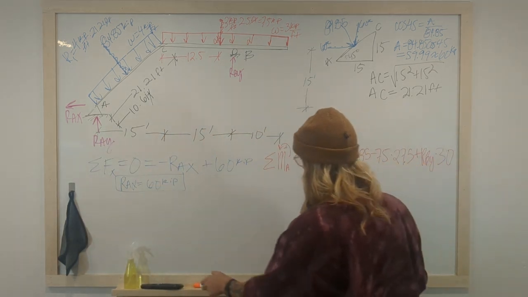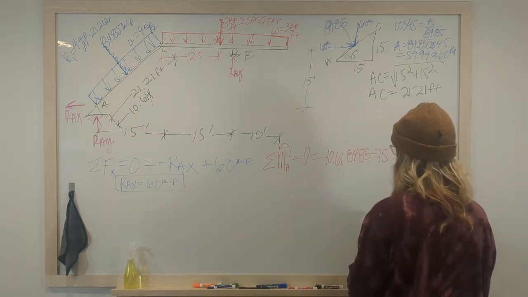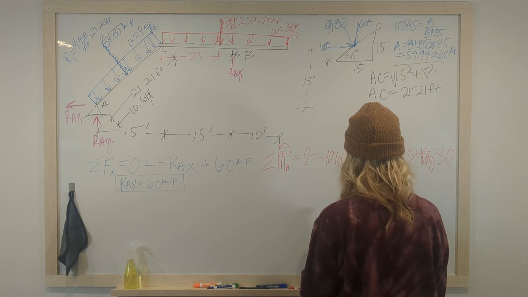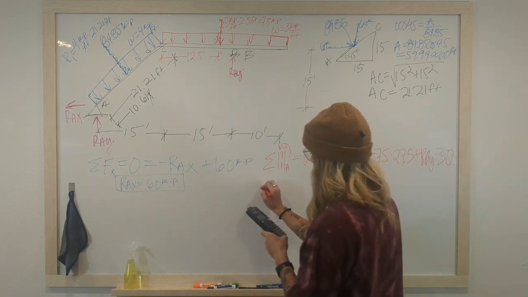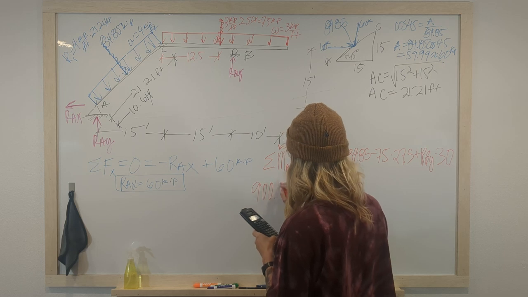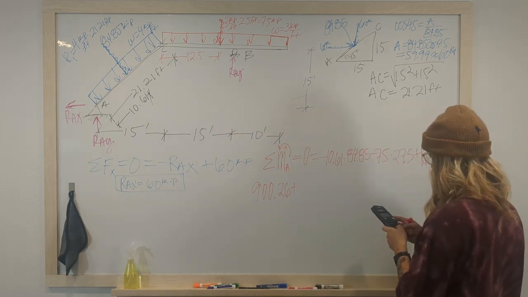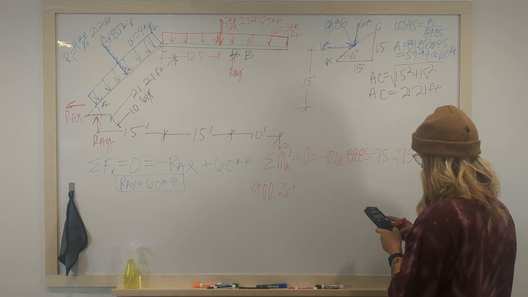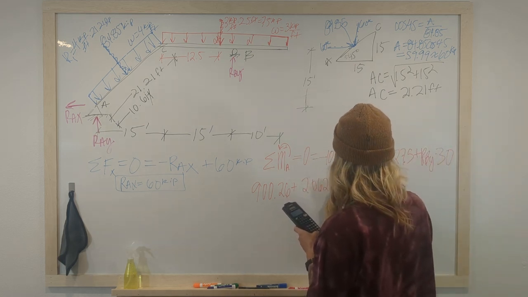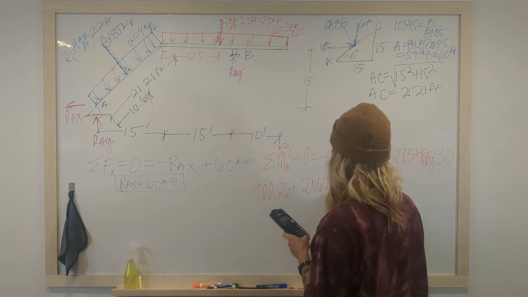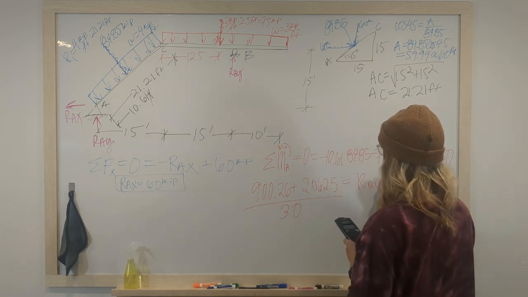All right, so let's rearrange this. These are negative, so I'm going to move them over to the other side. So we have 10.61 times 84.85, which is 900.26, plus 75 times 27.5, 2062.5, all divided by 30 gives you RBY.